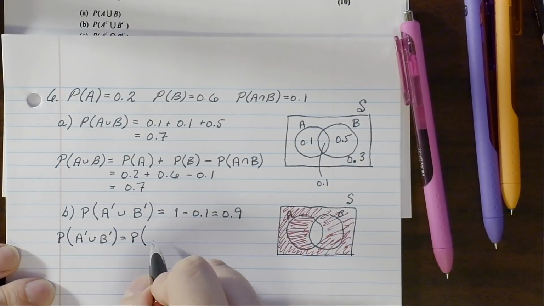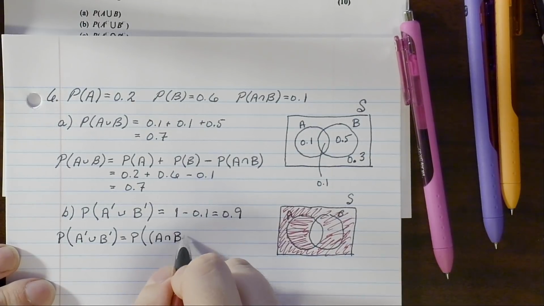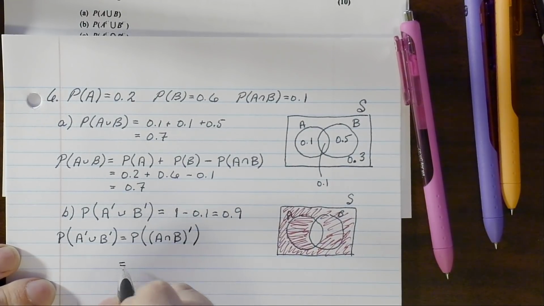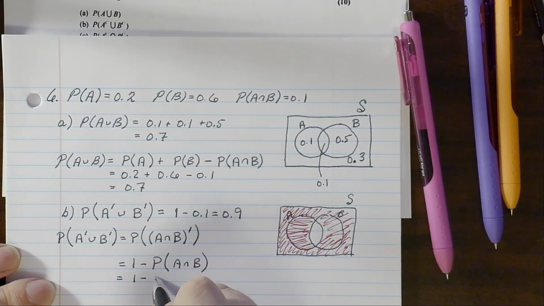I can rewrite this using De Morgan's law as the complement of A intersect B. So that's equal to 1 minus P of A intersect B, which, surprise, surprise, is exactly how I solved it with the Venn diagram approach.